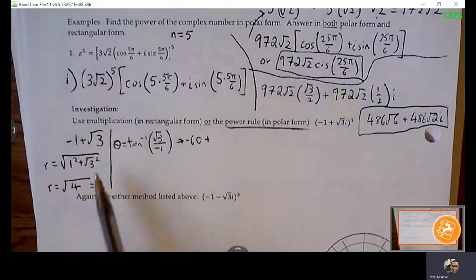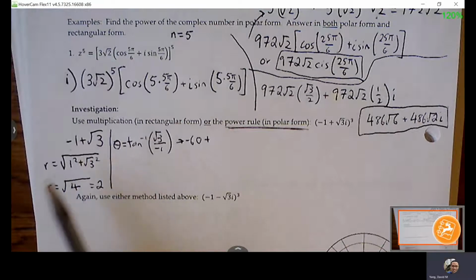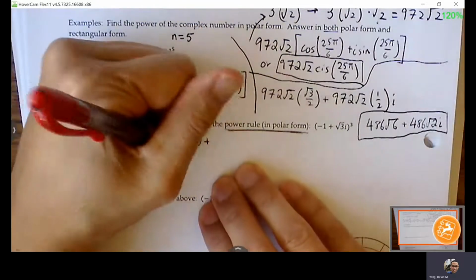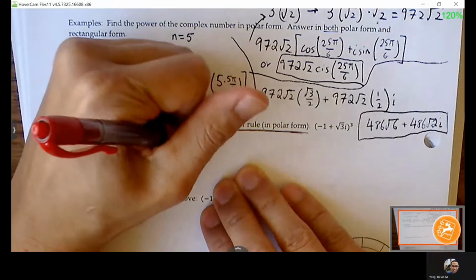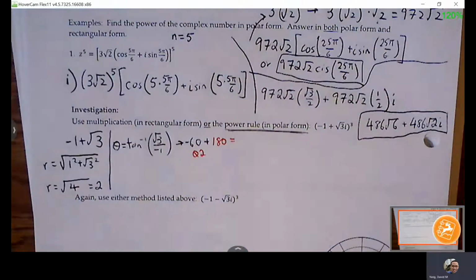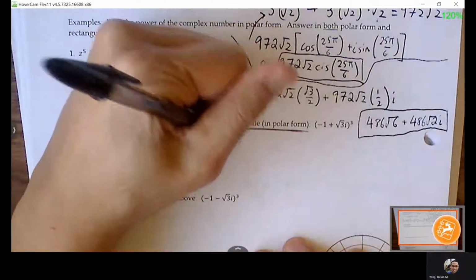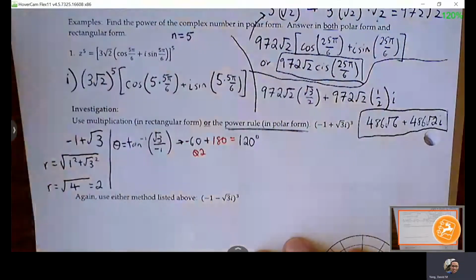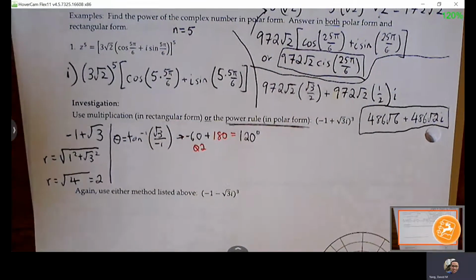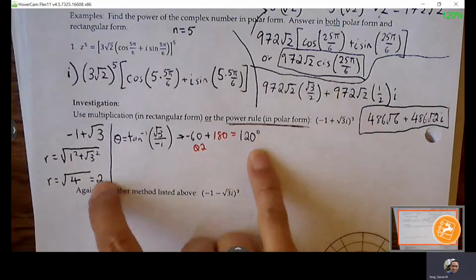All right, which quadrant are we in? Second quadrant, so we've got to add 180, right? Now that we have our r, now we have our theta.